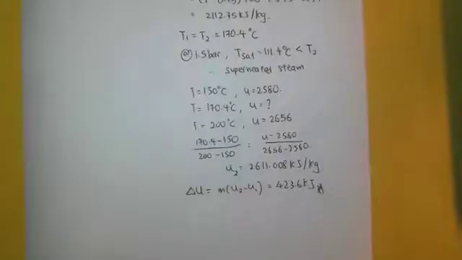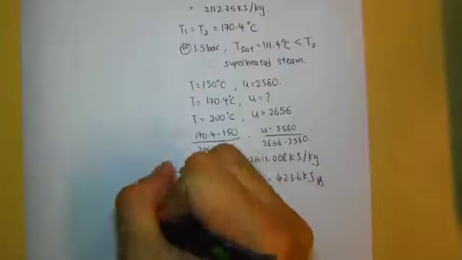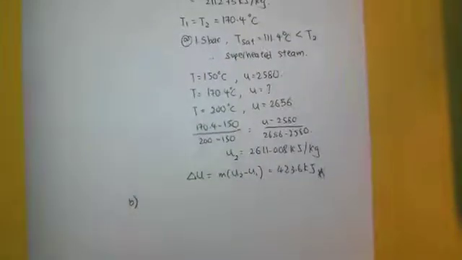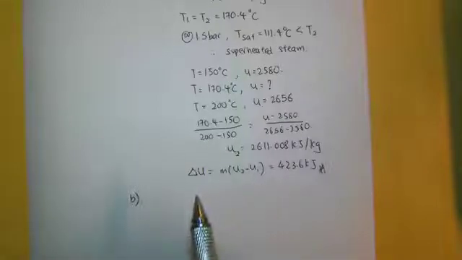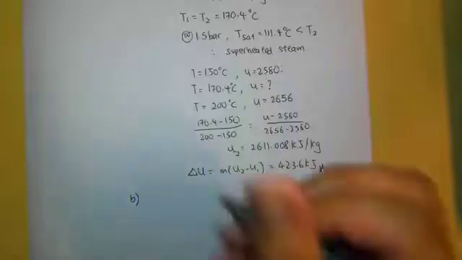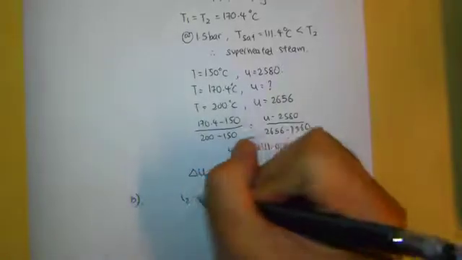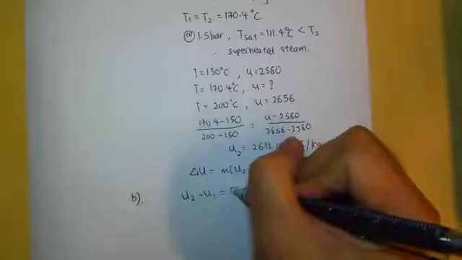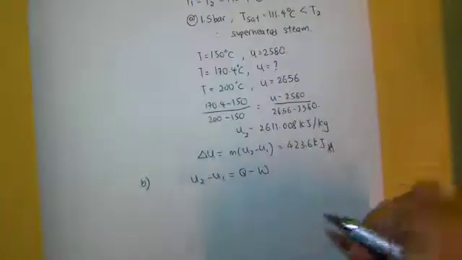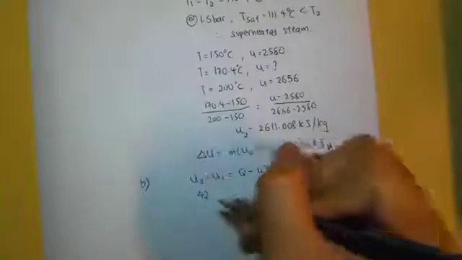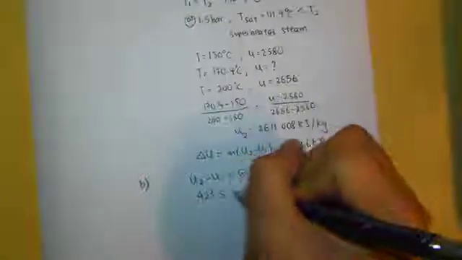So for part B, we are asked to find the work energy transfer if 600 kilojoule of heat is applied to the system. So we will use the non-flow equation U2 minus U1 equals Q minus W. The change in internal energy today will be 423.5.